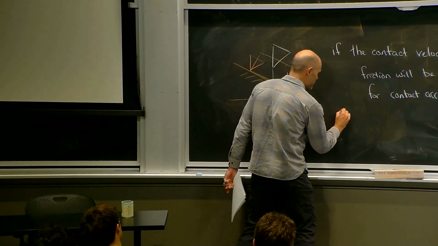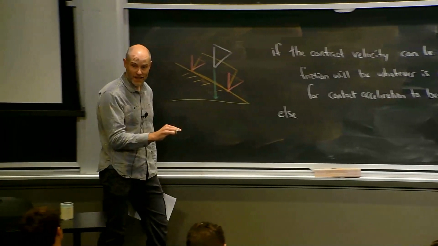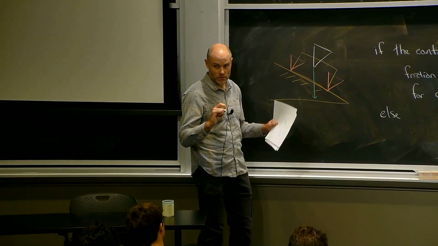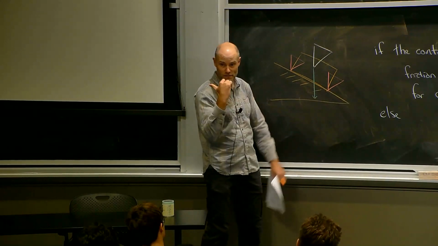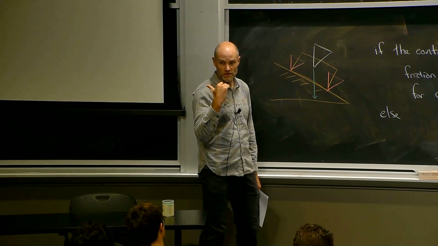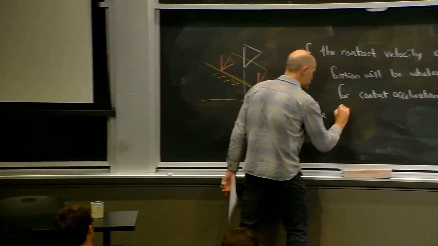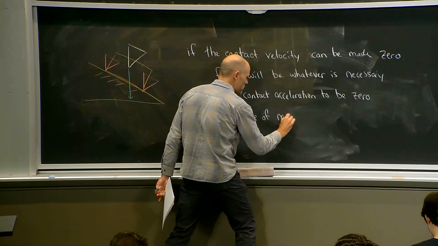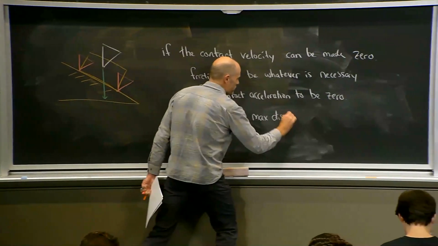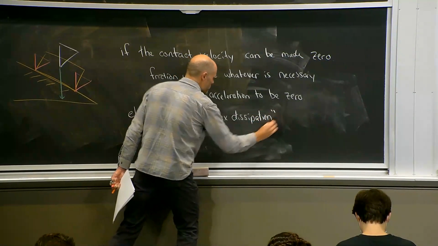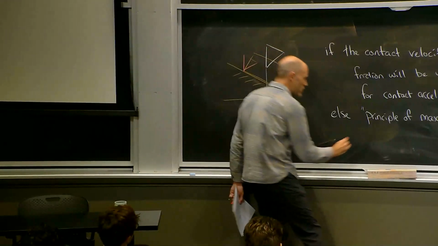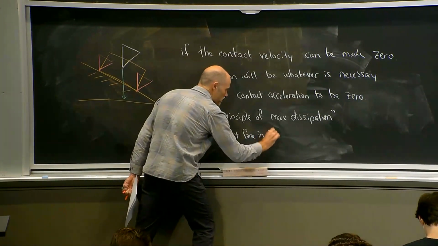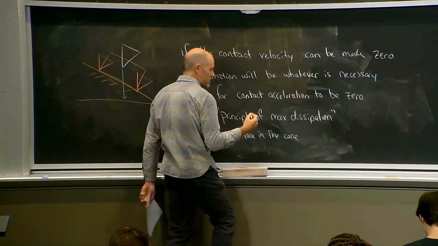If it's not 0, as soon as you're sliding at that point, then we have the principle of maximal dissipation, which means your contact force will be the biggest force possible in the opposite direction of your movement. It will always be the largest force in the cone opposite to the velocity.